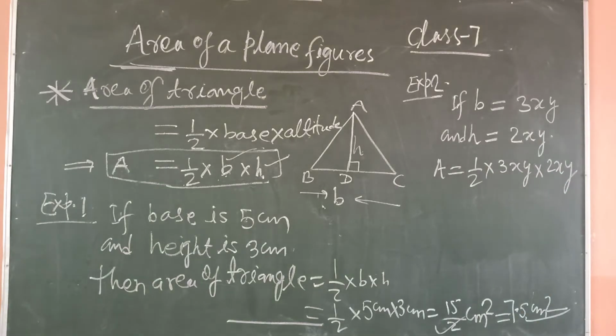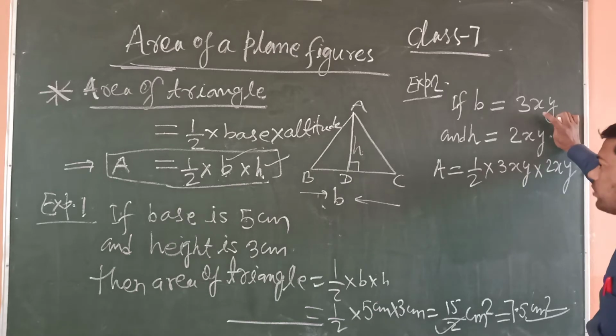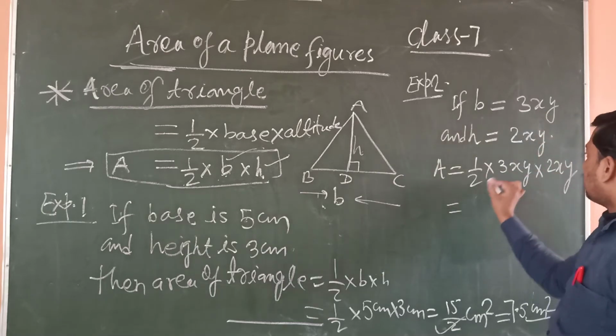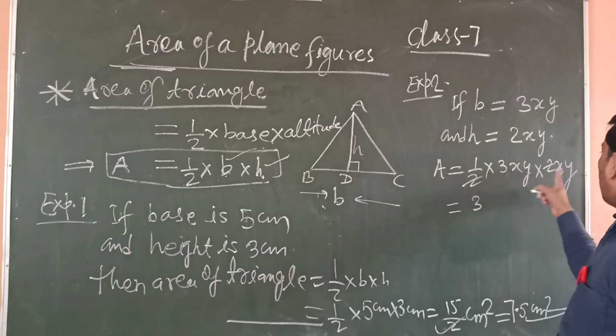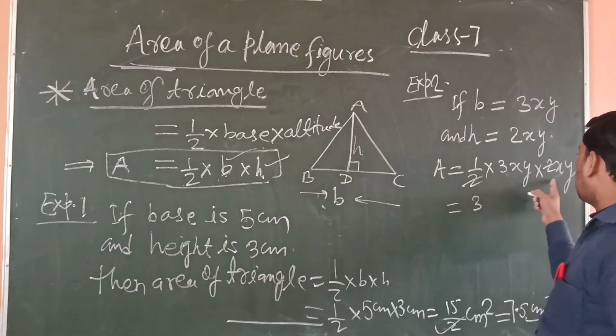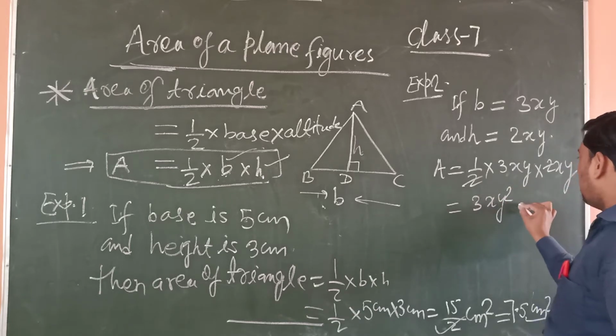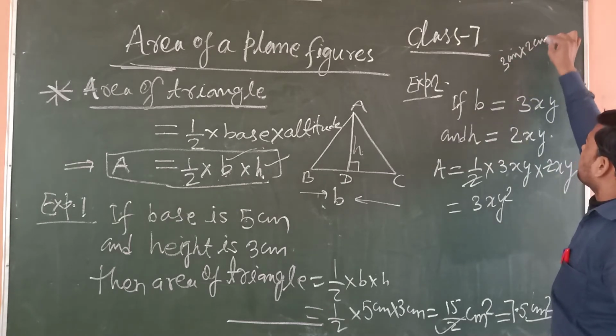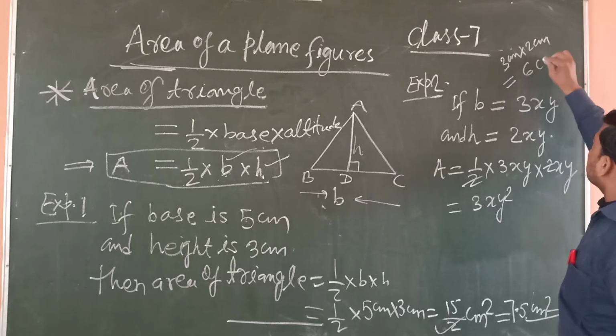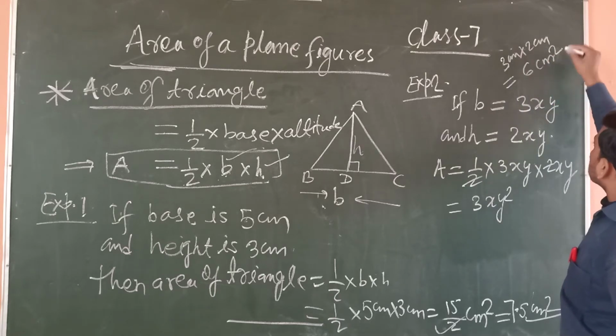See here, about x and y, it is not given whether they are variables or units, so write only xy. Multiply, the 2 and 2 will be cancelled. 3xy into xy gives 3xy square, just as 3 centimeter into 2 centimeter is 6 cm square, not cm square m square.